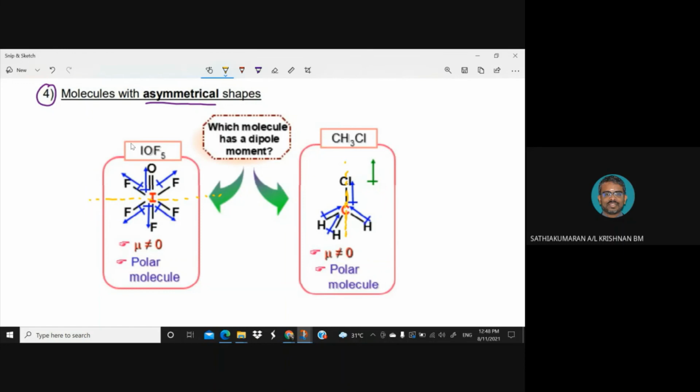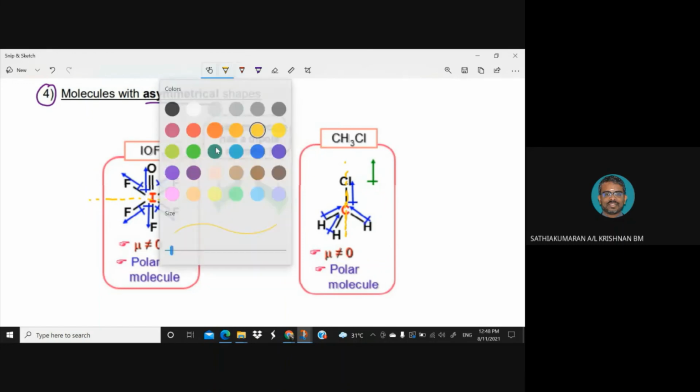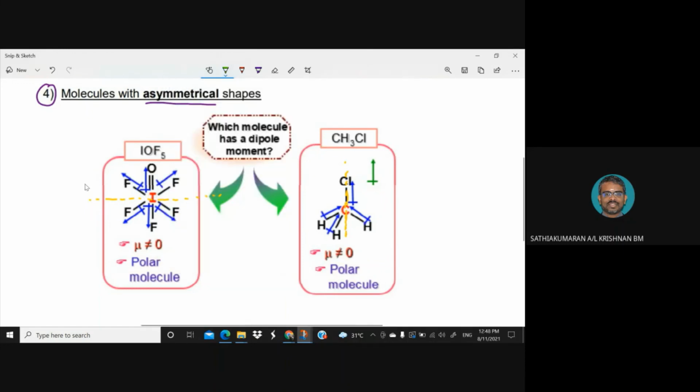Okay, let us discuss this question. Let me draw the dipole. So which one is more electronegative, I or F? F is more electronegative. Delta negative on each F. Okay. I and O: which one is more electronegative?